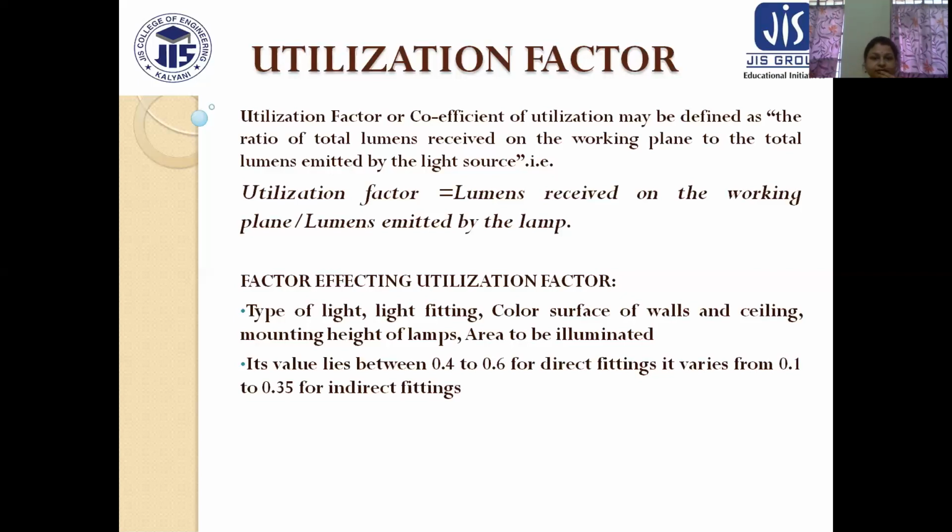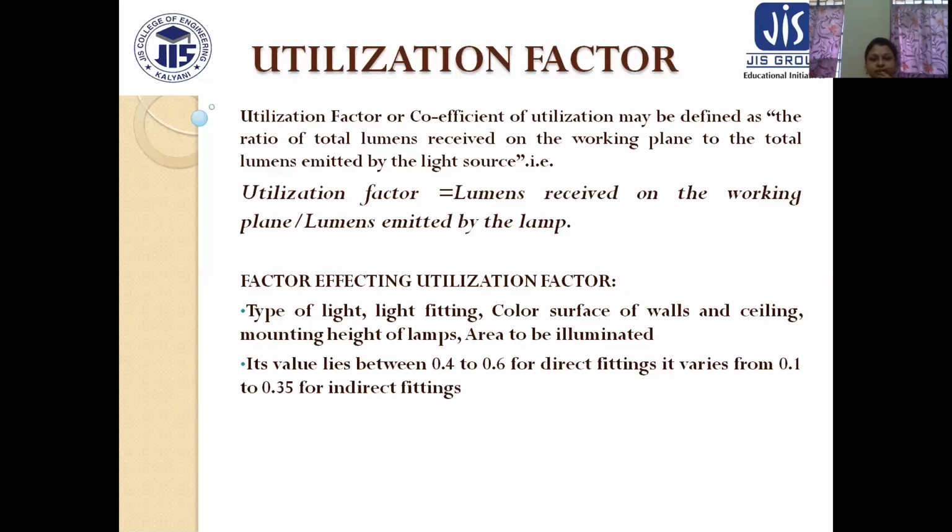Now factors affecting utilization factor: type of light, light fitting, color of surface of walls and ceiling, mounting height of lamps, and area to be illuminated.